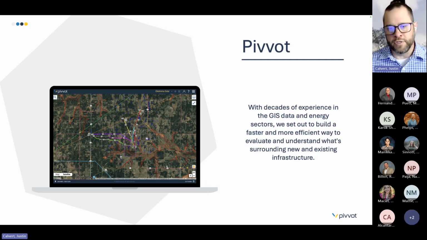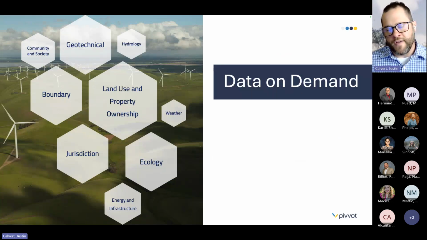And we've been doing that for years and years, right? Along the way, I think a number of us started to see patterns. A number of us started to streamline some of the work that we were doing on a day-to-day basis. And at the end of the day, a bunch of moving pieces came together and Pivot was formed, right? And the foundation that Pivot is built on is data on demand.